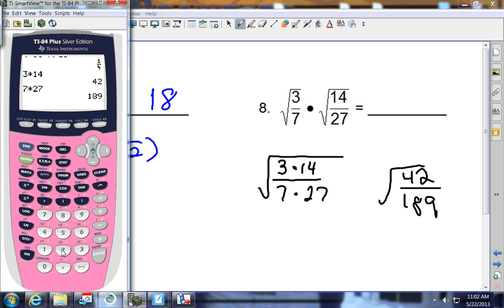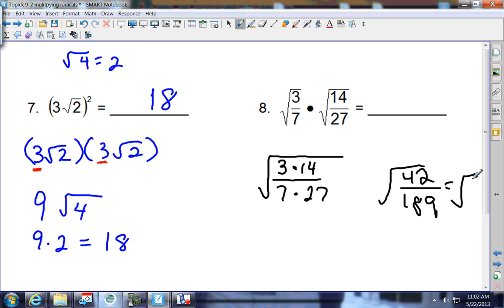Practice. 42 divided by 189. Let's press math, enter, and reduce it. It reduces to 2/9. Okay, that's one way to do it. The square root, we're not done yet. 2/9.